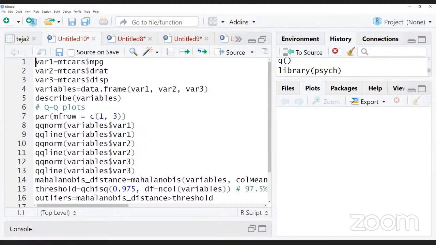And whether this linear combination of variables is affecting our response or not. So that is the beauty of multivariate.